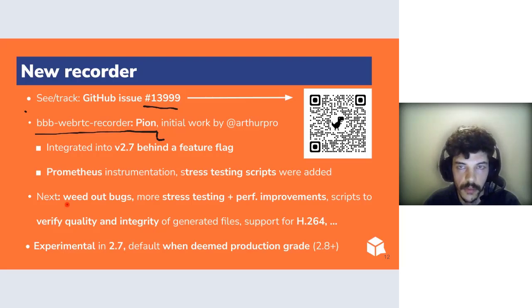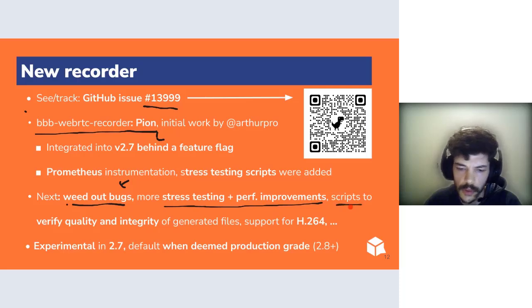There are probably a lot of bugs still in there, mainly on recapture and lossy environment handling, etc. So this one is the most important. We need to do a lot more stress testing and performance improvements on the new application to make sure it can stand production environments.